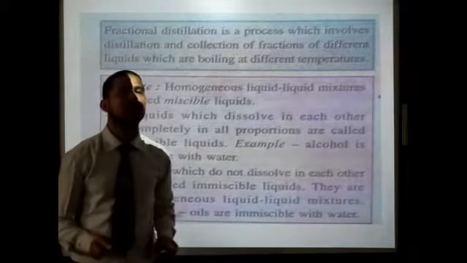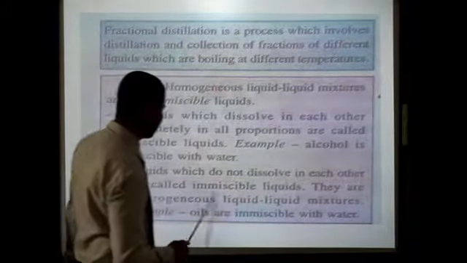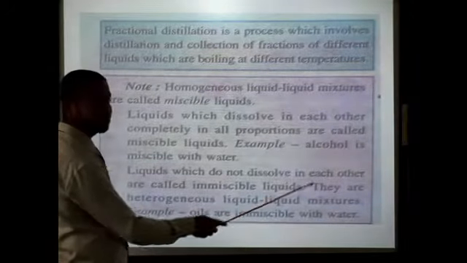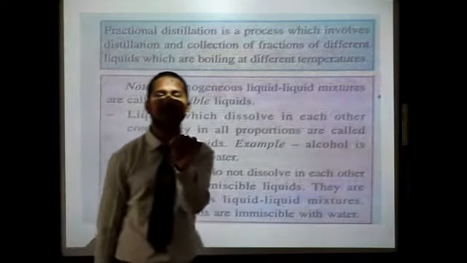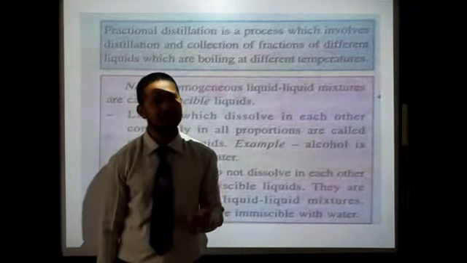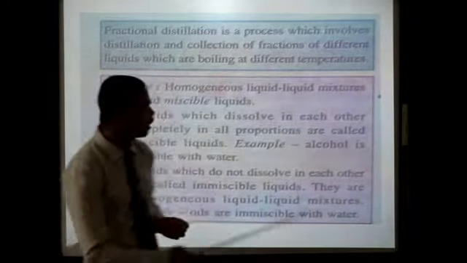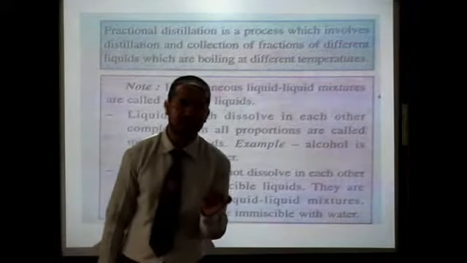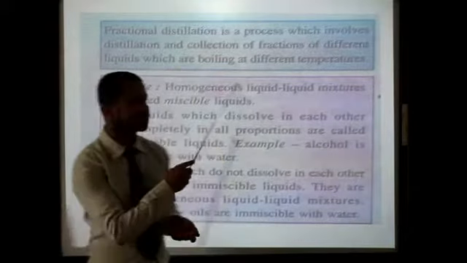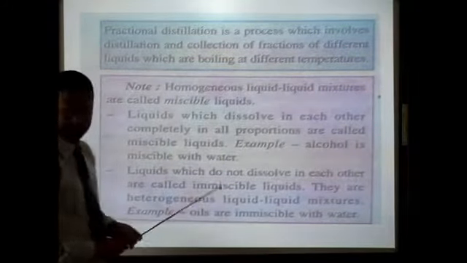Liquids which do not dissolve in each other are called immiscible liquids. They are heterogeneous liquid mixtures. These can be separated by using a separating funnel. And homogeneous liquid mixtures, miscible liquids, are separated by using fractional distillation. Okay.